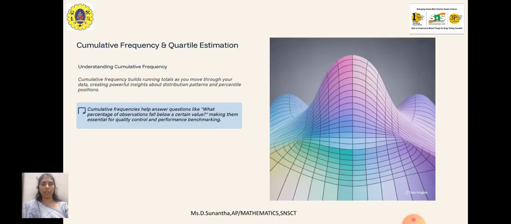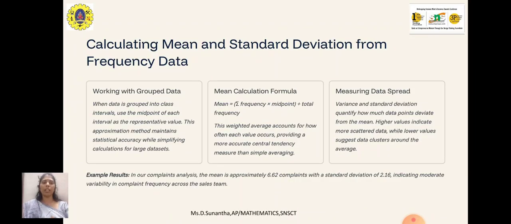Next is cumulative frequency and quartile estimation. Understanding cumulative frequency: cumulative frequency builds a running total as you move through your data, creating powerful insights about distribution patterns and percentiles. Next is calculating mean and standard deviation from frequency data. Working with grouped data, when data is grouped into class intervals, use the midpoint of each interval as the representative value. This approximation method maintains statistical accuracy while simplifying calculation for large data sets.